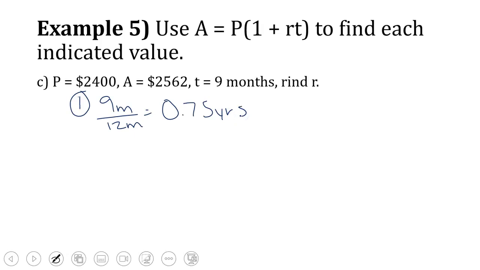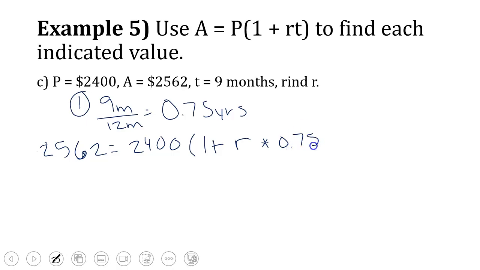So we know the A. So what's the A? Our ending amount, 2,562 equals, we know the P, 2,400. That's what we borrowed. And so put in your 1 plus, we do not know the R, so leave the R, and then put your new decimal for the time.